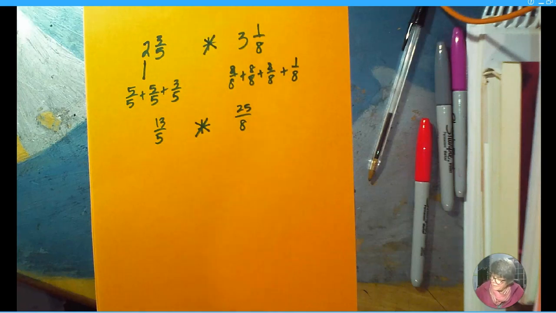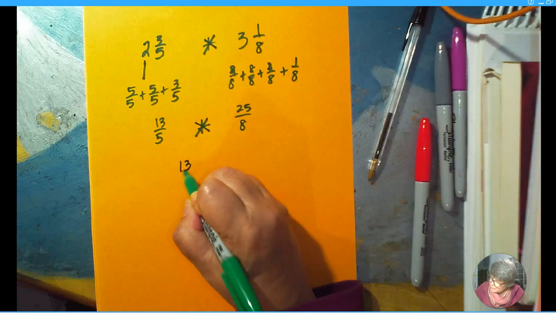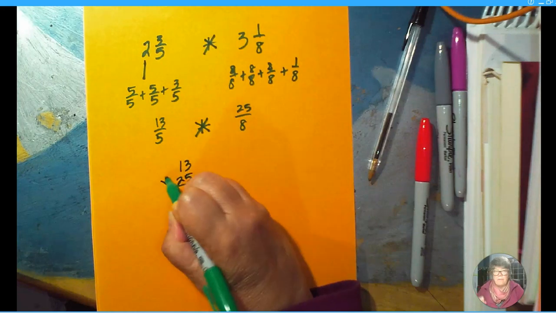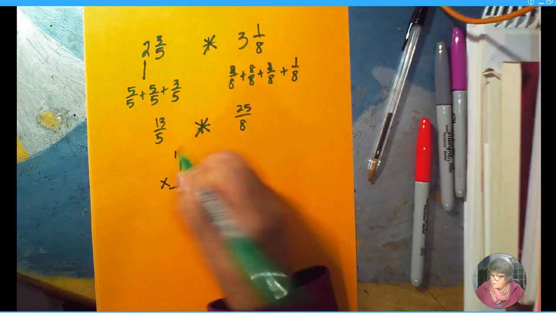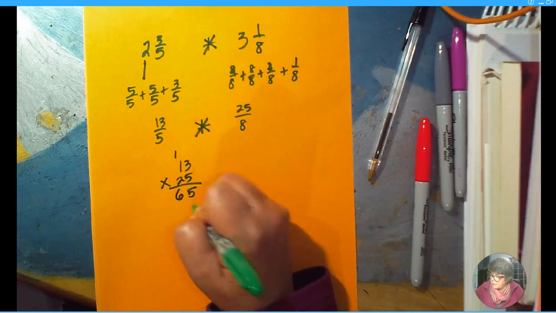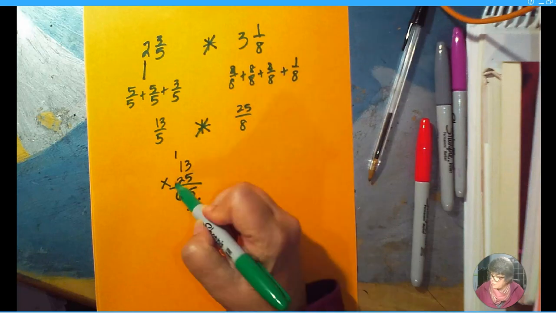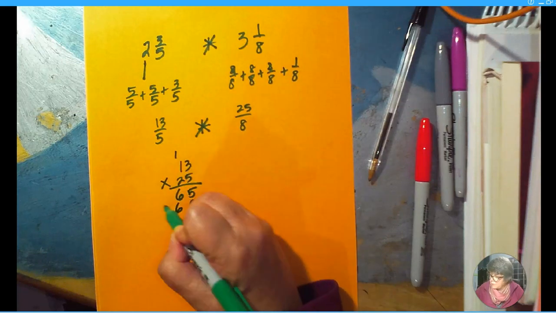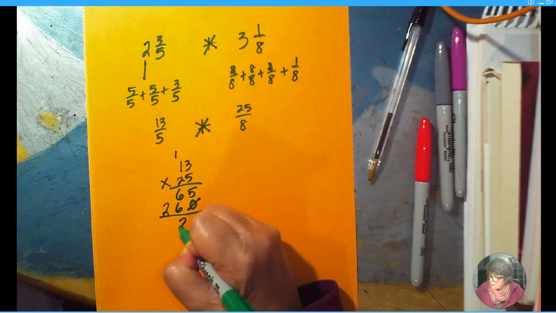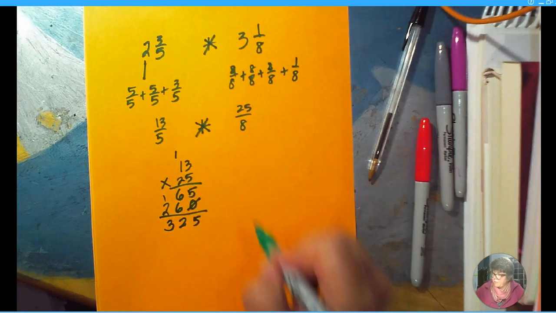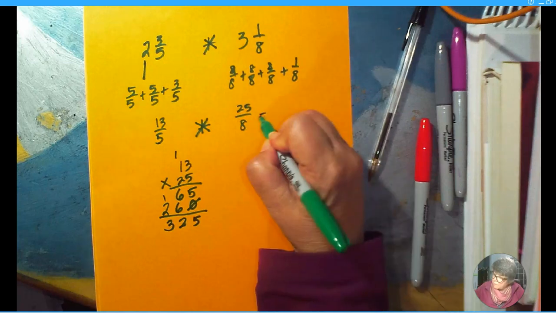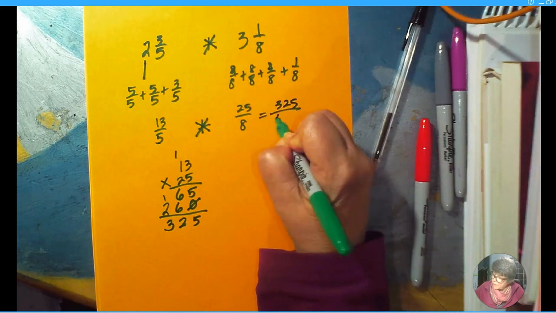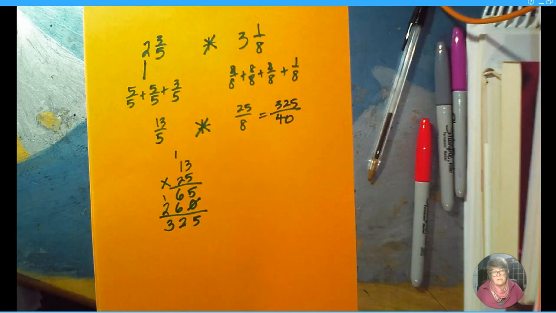Now I have to do 13 times 25, right? 3 times 5 is 15, carry the 1, 5 plus 1 is 6, magic 0. 2 times 3 is 6, 1 times 2, 325, and then 5 times 8 is 40, 325/40ths.